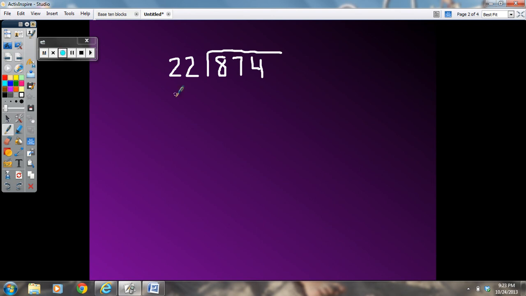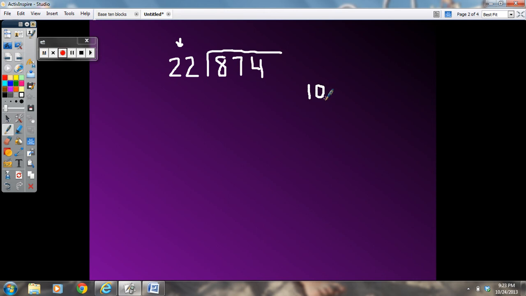When we use partial quotients, typically we start out with 10 groups of whatever the divisor is. The divisor in this instance is 22. So we're going to take 10 groups of 22 and figure out how many blocks we would have used from the 874.